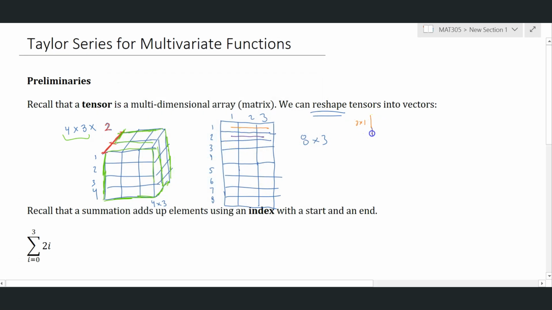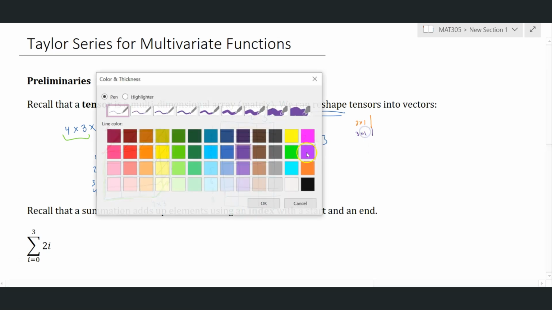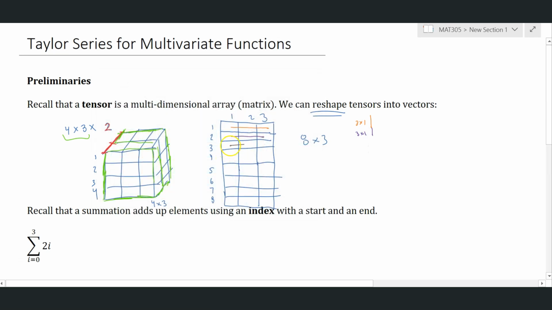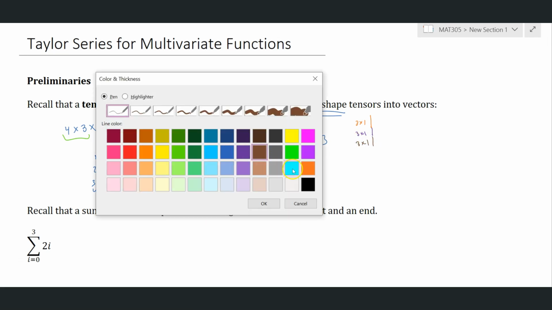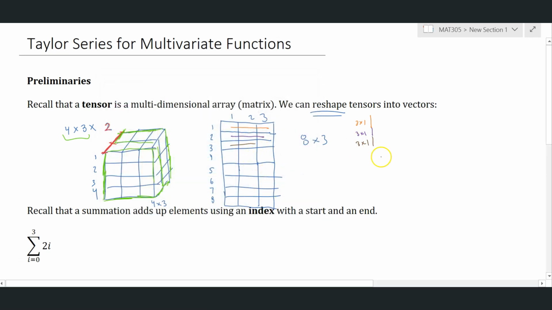Then my next row will be another 3 by 1, and then I'll have another 3 by 1 below that. Hopefully you get the idea now. I'm just going to go dot, dot, dot, until our last row here, and that will be our final 3 by 1. And how many of these 3 by 1s will we have? Well, we have 8 3 by 1s.